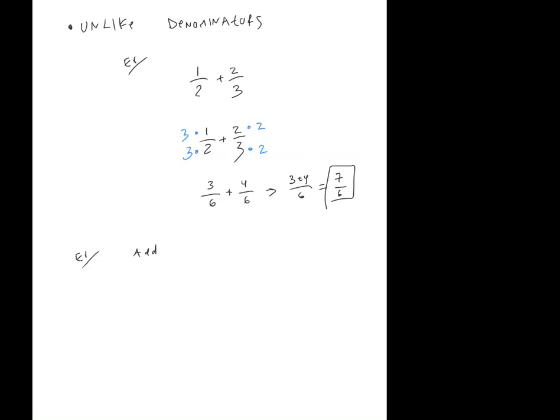I want you to add 2a over 5 plus 3b over 2a. All right, so let me go ahead and just rewrite the problem. Taking a look at what we just did up there, what are we going to be multiplying the first fraction by?